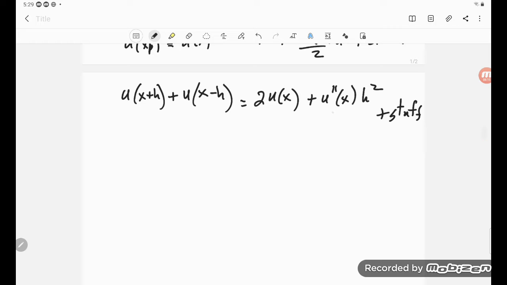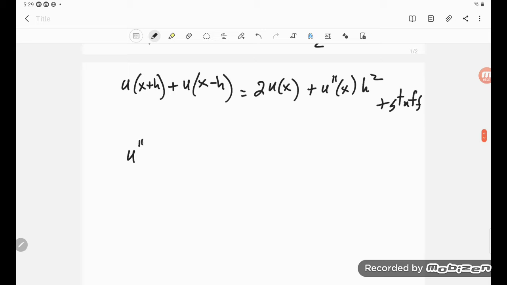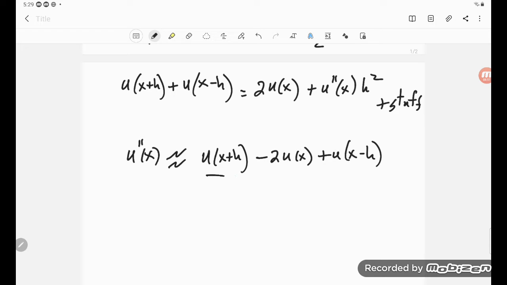Okay, now if I solve for u double prime of x, you see I get u double prime of x approximately equal to the u of x plus h, now I'll stick in here the minus 2u of x, and then the plus u of x minus h, all over h squared.